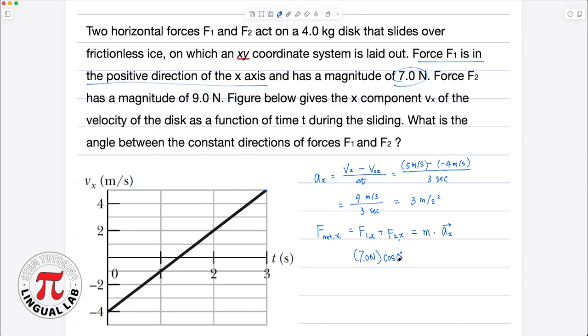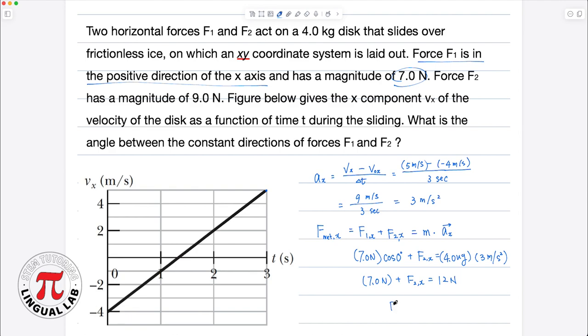Cosine 0 is equal to 1, so it's 7 Newton plus F2 x component equals the mass of 4.0 kilogram times the acceleration we calculated, 3 meters per second squared. So the equation is 7.0 Newton plus the second force x component equals 12 Newton.